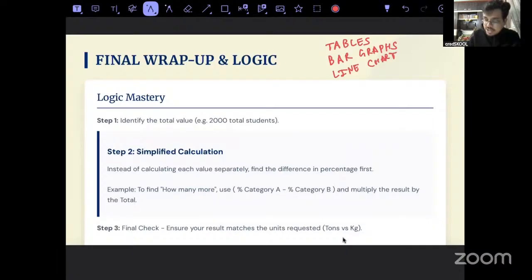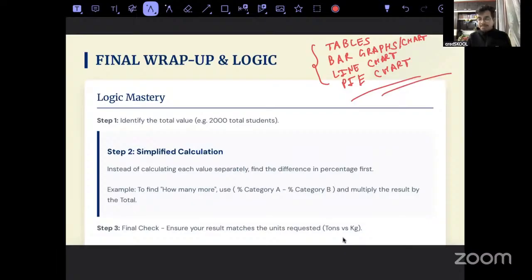Some people call it a chart also, pie chart. If you are able to do this, I'm sure you are going to get something crazy out of yourself, because these things will help you grow concepts, grow understanding, and grow yourself.